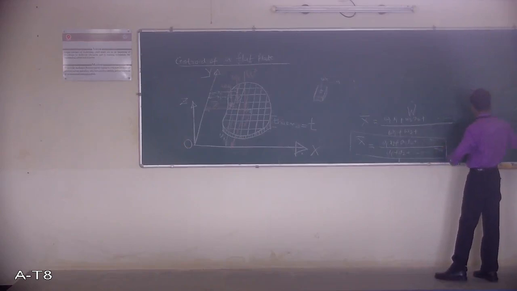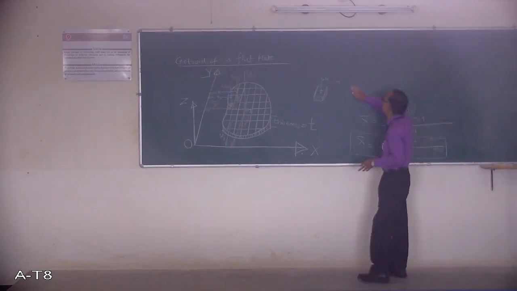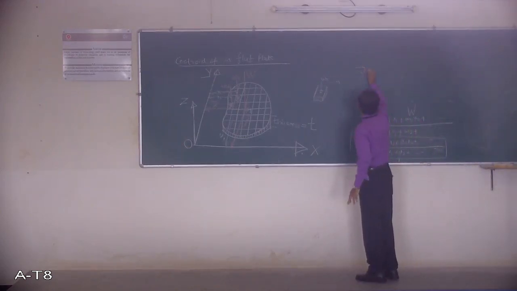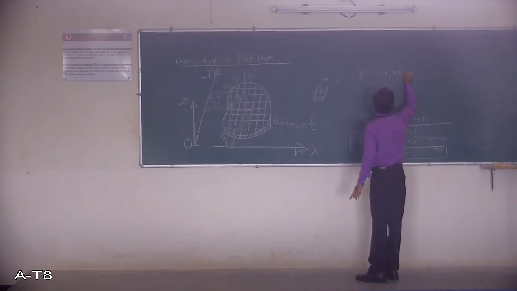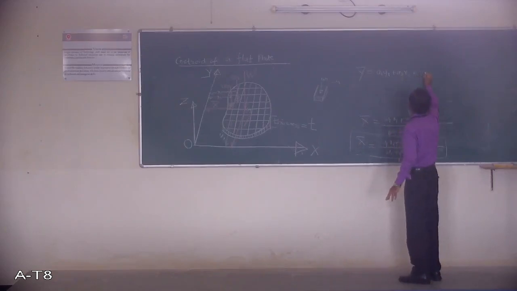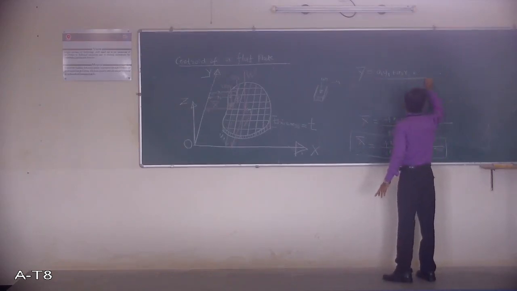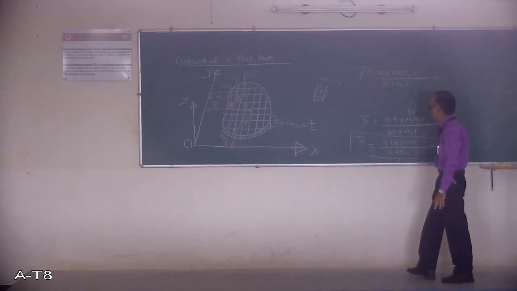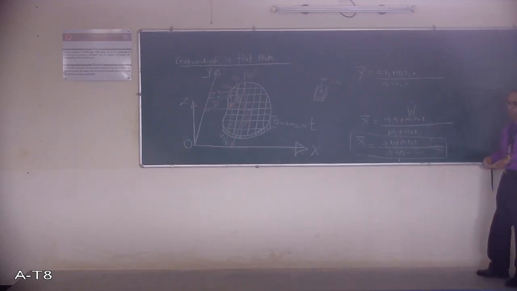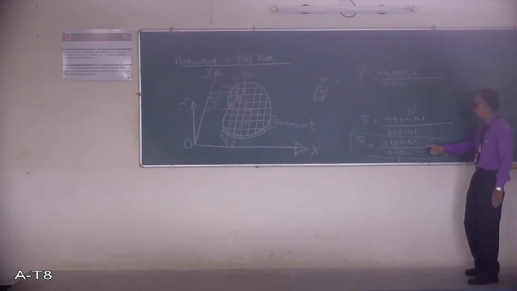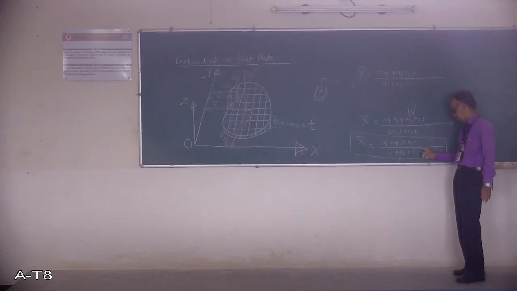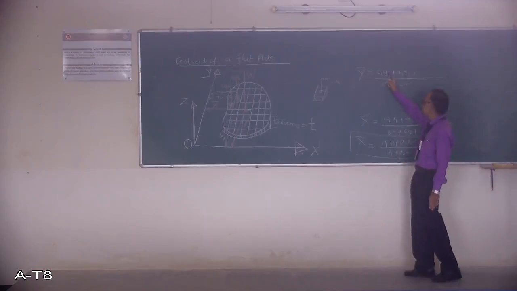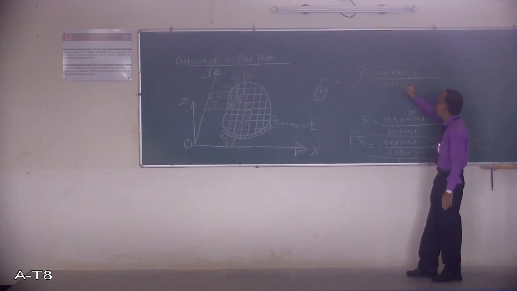So one equation for x bar, another for y bar. x bar is equal to A1x1 plus A2x2, and so on, upon A1 plus A2, and so on. y bar is equal to A1y1 plus A2y2, and so on, upon A1 plus A2, and so on.